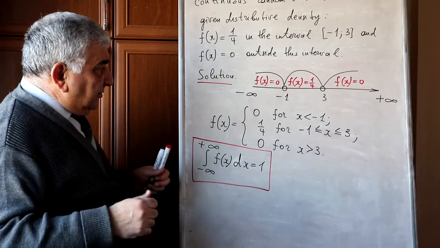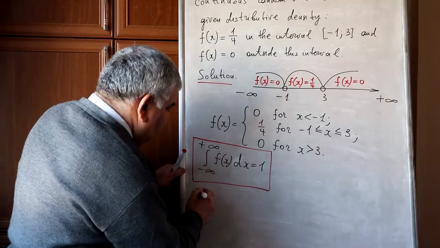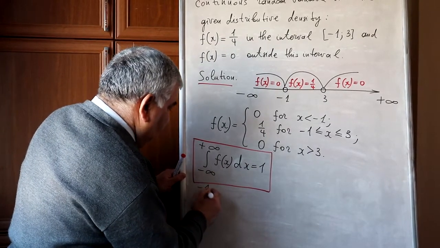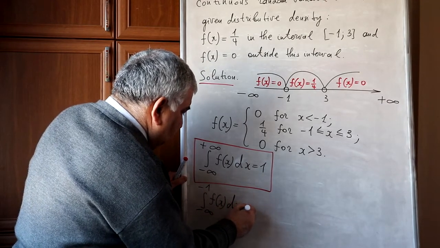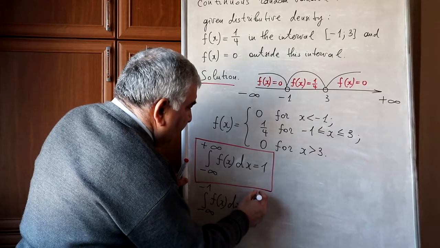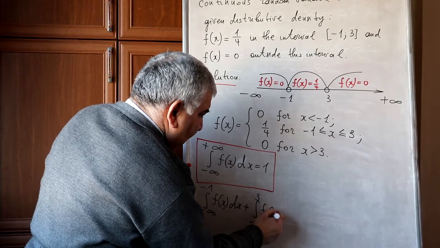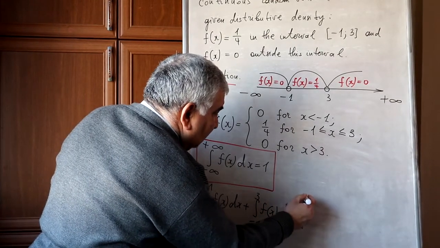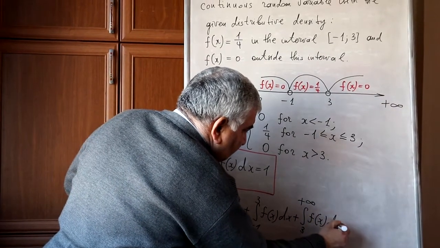Divide this integral into three integrals. Integral from minus infinity to minus 1 of f of x dx, plus integral from minus 1 to 3 of f of x dx, and plus integral from 3 to plus infinity of f of x dx equals.